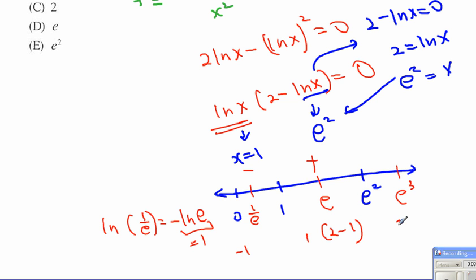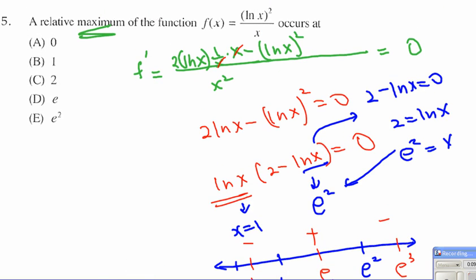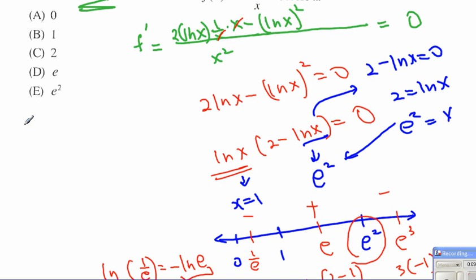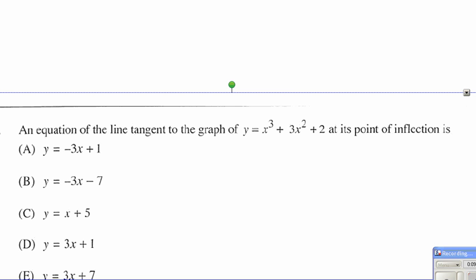Then this portion becomes 3 times 2 minus 3, which ends up being negative 1, so we get a negative sign here. Now, with the fact that we are looking for a relative maximum, it has to go from positive to negative. Our answer becomes e squared. That becomes our answer.